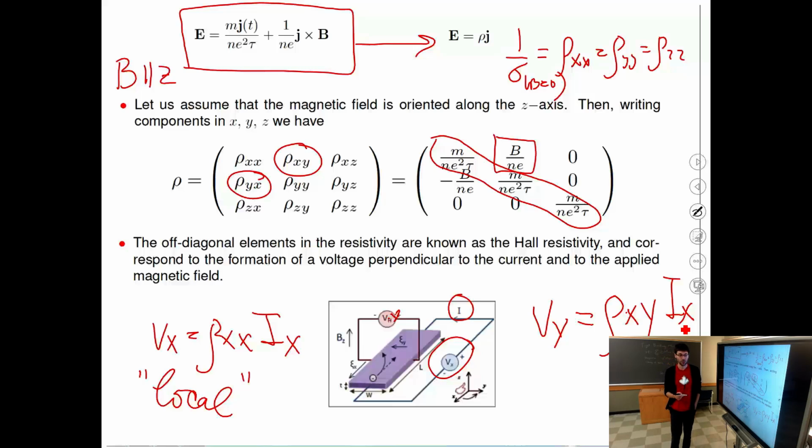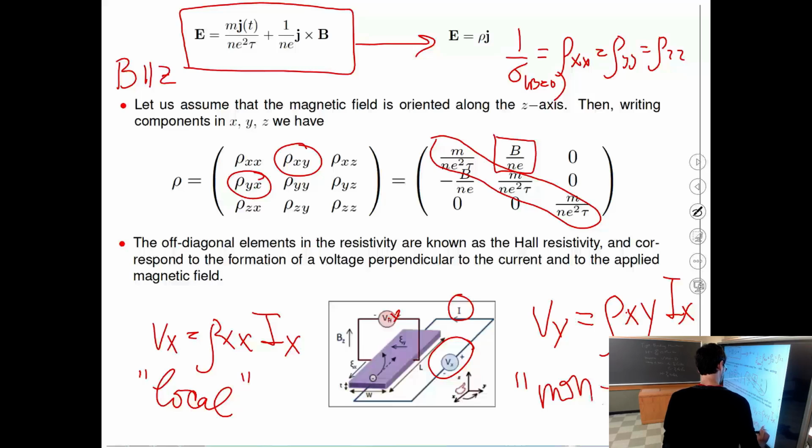Okay? And so this kind of measurement is called non-local. There are other versions of a non-local measurement, but this is one example where current is flowing along the x-axis, and voltage is measured along the y-axis. Okay? So you can also convince yourself that Hall effect makes sense by thinking about what happens to an individual particle, like this electron here in the picture, traveling along the x.